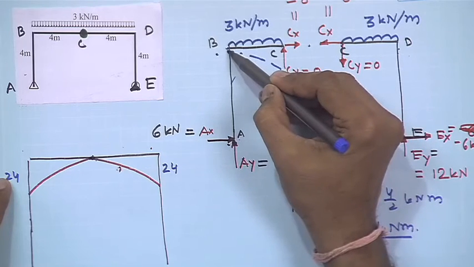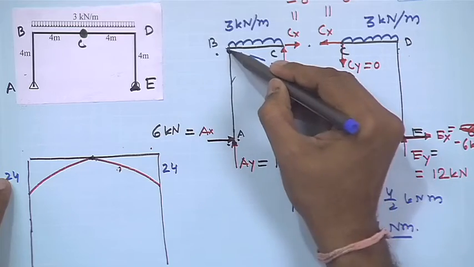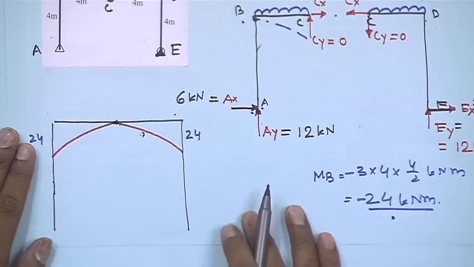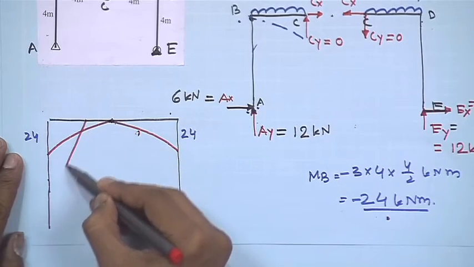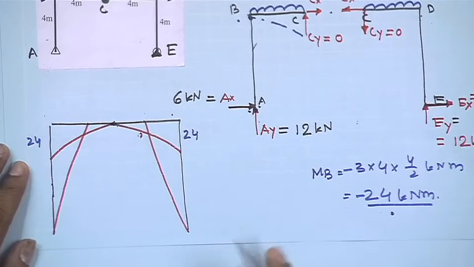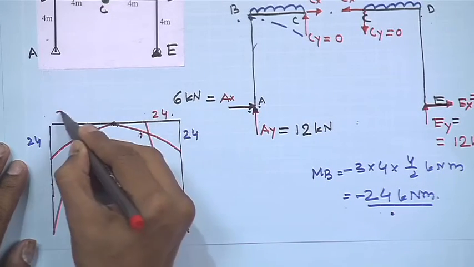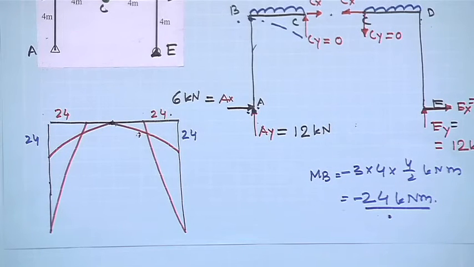So at this point the bending moment is minus 24, and at point A the bending moment is 0, and from B to A the bending moment varies linearly. Again, as per our sign convention, bending moments are drawn on the compression side.